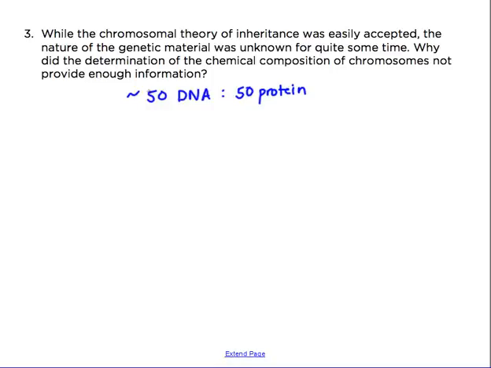Now that didn't give enough information because although we knew that the chromosomes were actually responsible for the theory of inheritance, we still didn't know if DNA was the genetic material or if protein was the genetic material. So our question now was, which is the genetic material?